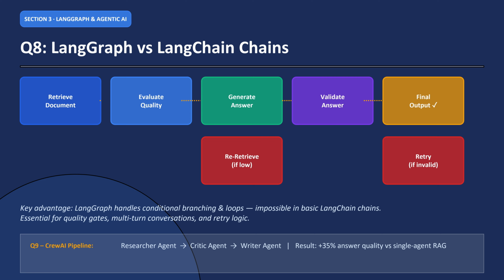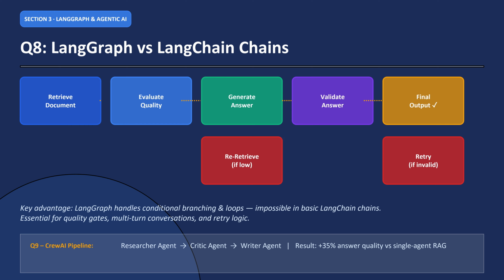The example I always give: retrieve a document, evaluate its quality. If quality is low, re-retrieve with a different query. If quality is high, generate an answer. Validate the answer. If invalid, retry generation, otherwise output the final result.